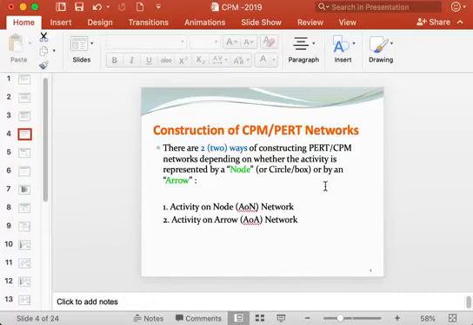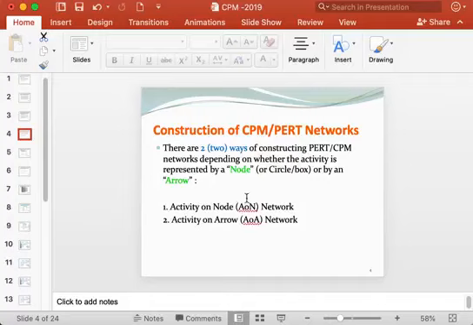So if the activities of the project are all represented using a node as activity, then this type of network is called an activity on node network.